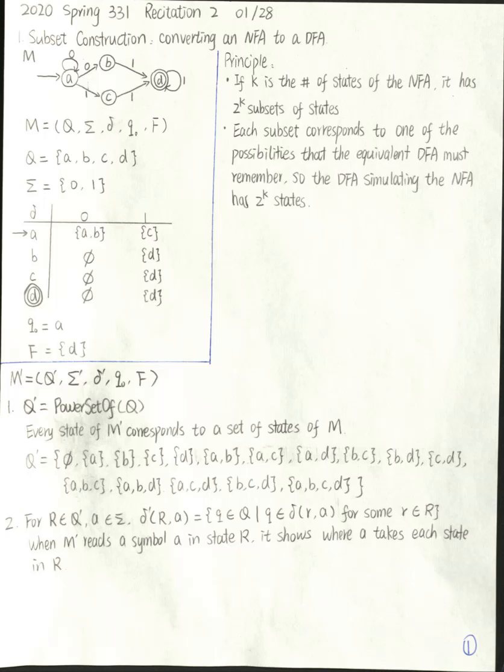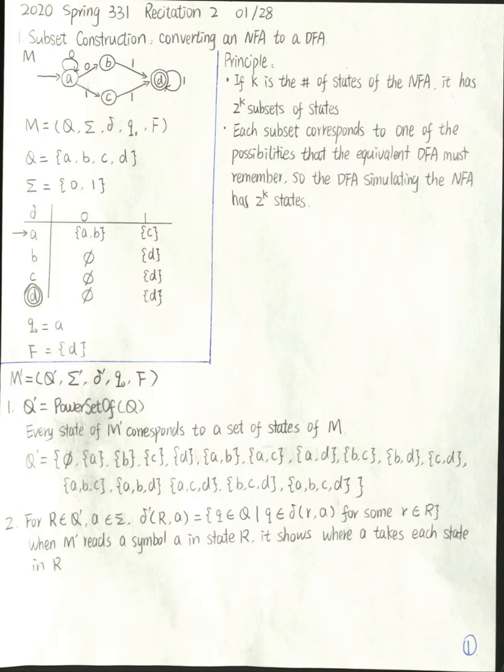And the transition function is, for example, we have a state R in this DFA. R is going to be a set of states in the NFA. Reading this symbol a, the resulting state is going to be a set, and each member is going to be a state in this NFA. Now we check each state in this resulting state. That is the state that can be reached from each member in R by reading a symbol a.